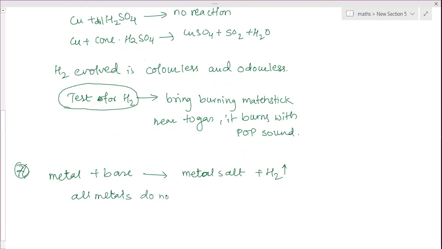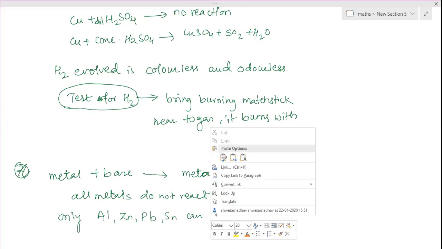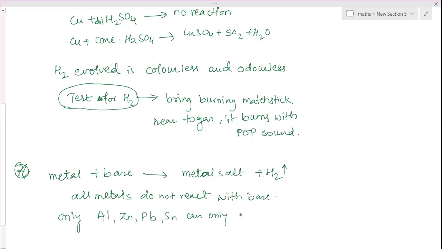There are very few metals which can react with base. Very few metals only: aluminium, zinc, lead, tin can react with base to form hydrogen gas.